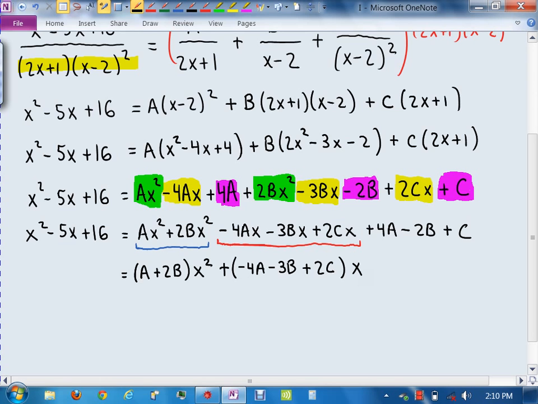Negative 4a minus 3b plus 2c, and then here's the x that would distribute through, wouldn't it? Is that all right? And then all the things that don't have x's, throw them in a set of parentheses at the end. 4a minus 2b plus c. So that's this piece right here. Now let's write down the left side.